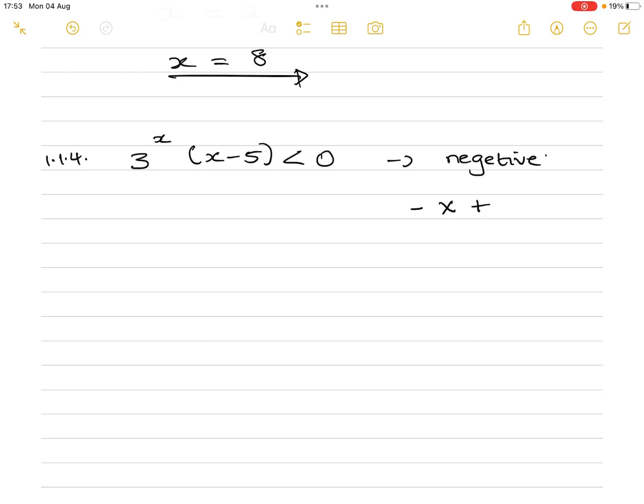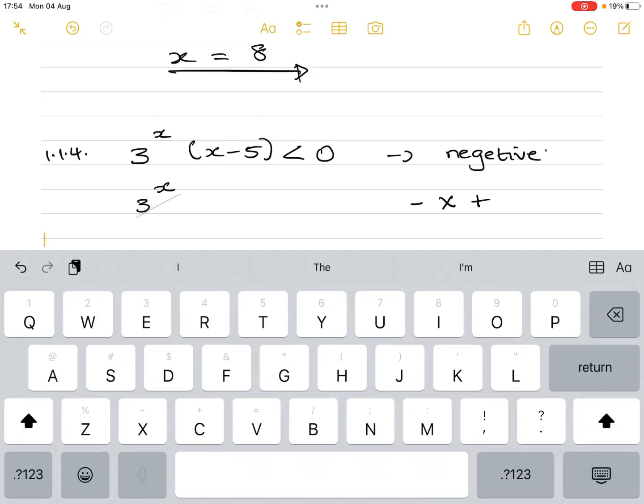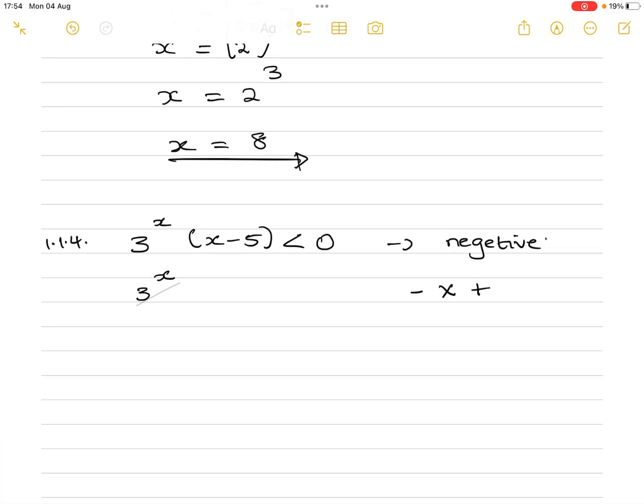But if you can take a closer look here, let us start with 3 to the power of x. Whatever value of x that you plug in here, it will never make this term negative. I'm not sure whether you hear me.